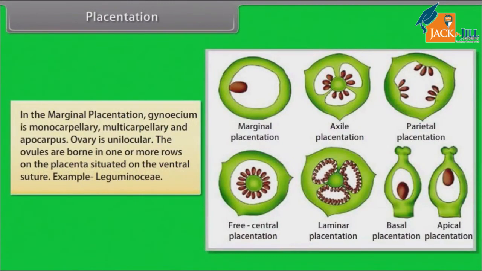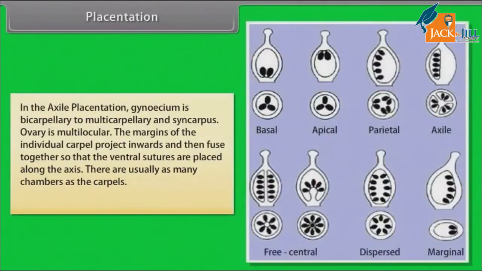In the marginal placentation, gynoecium is monocarpellary, and the ovary is unilocular. The ovules are borne in 1 or more rows on the placenta situated on the ventral suture. Example: Leguminosae.